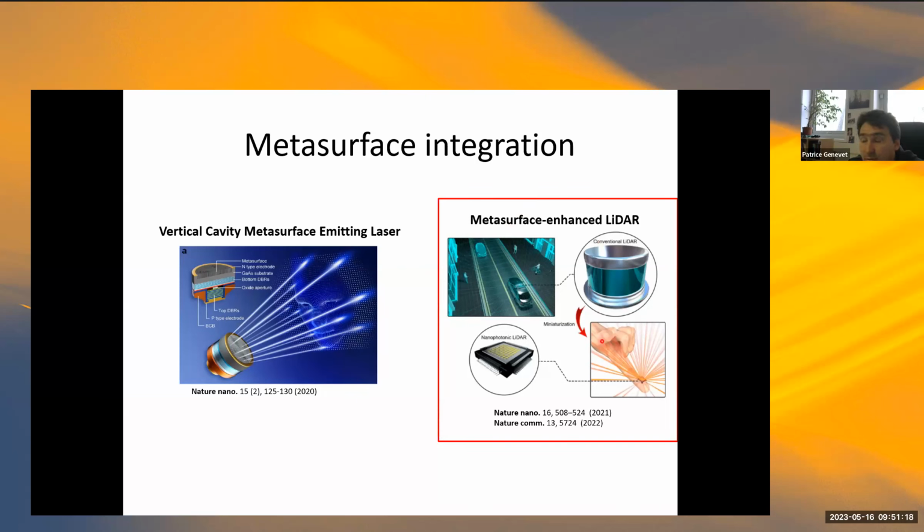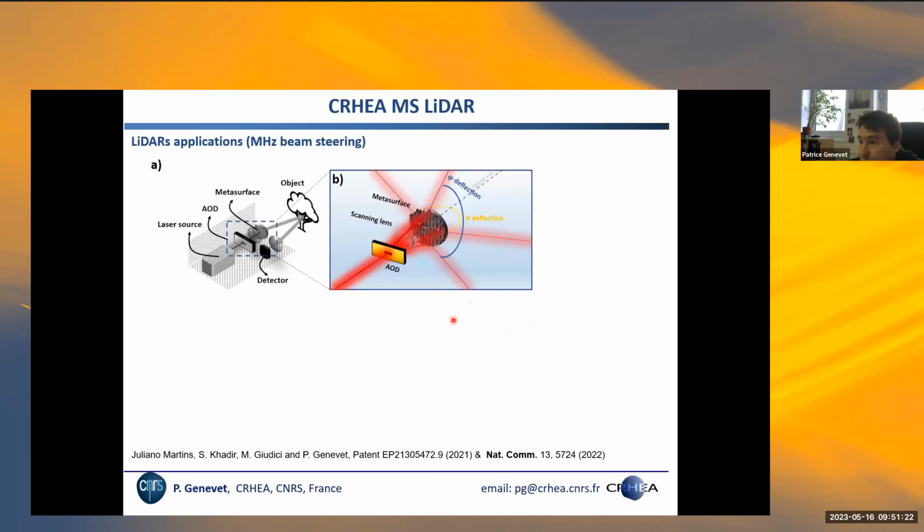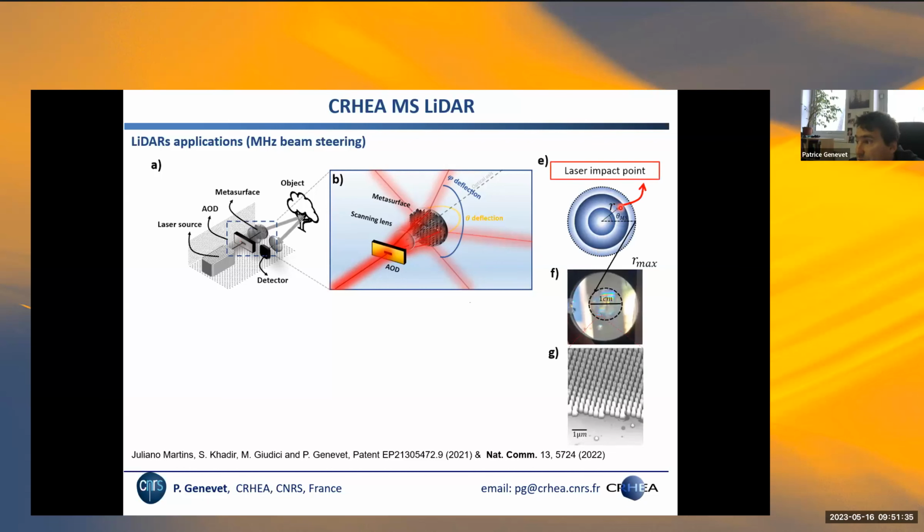The system I'm going to talk about is a LiDAR, which is used for 3D mapping of the environment. What we did here, we cascaded one of these acousto-optic deflectors that does a very small scanning angle, but at very high frequency, with a metasurface that is designed such that depending on the impact point on the metasurface, we will pick up a different phase response.